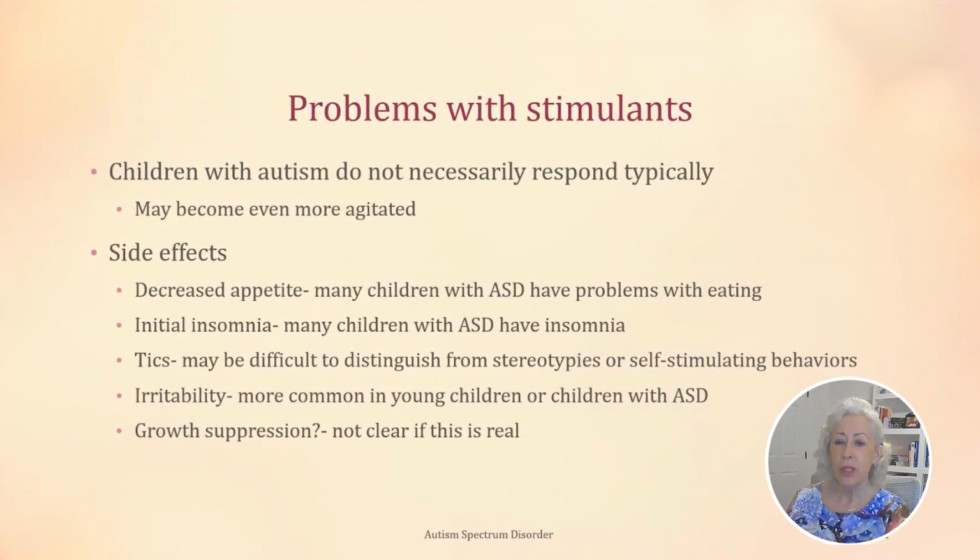Irritability is more common in young children or children with autism. Growth suppression is a question that often comes up, and frankly, it's not clear whether or not this is a real issue, aside from situations where the child's weight is so low that it would result in growth suppression.